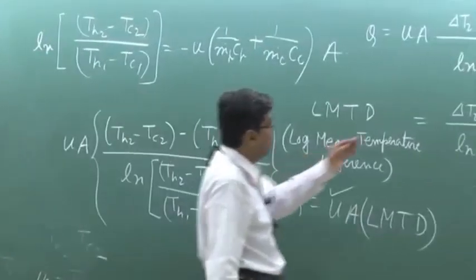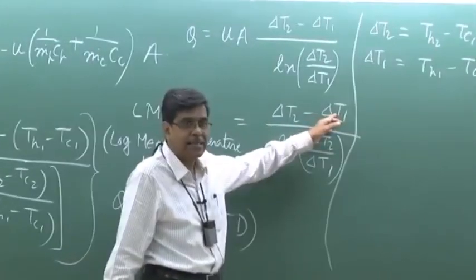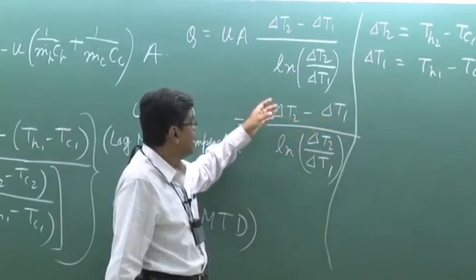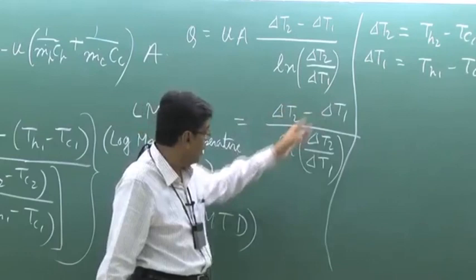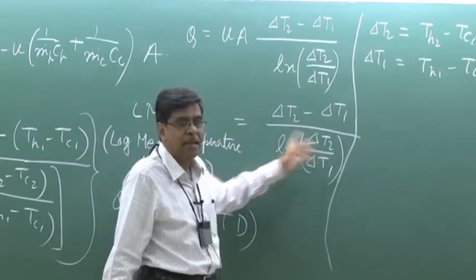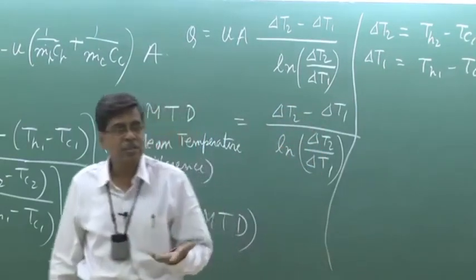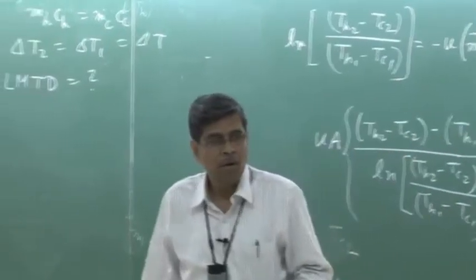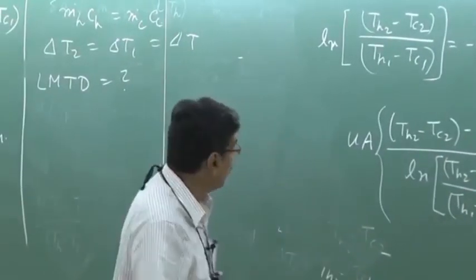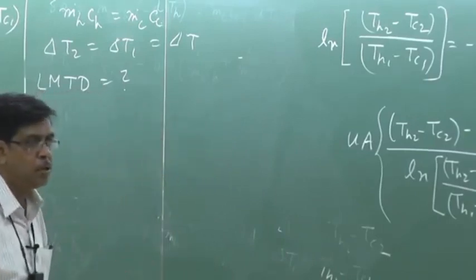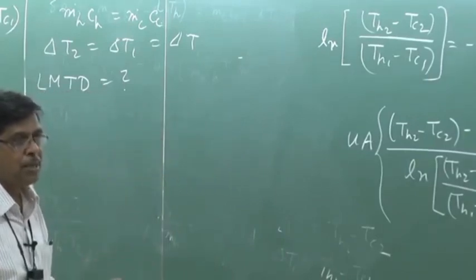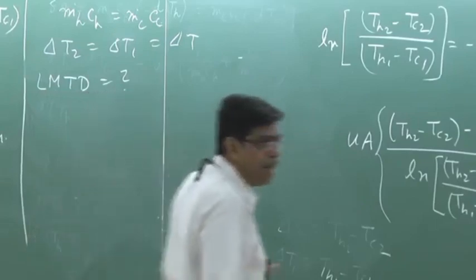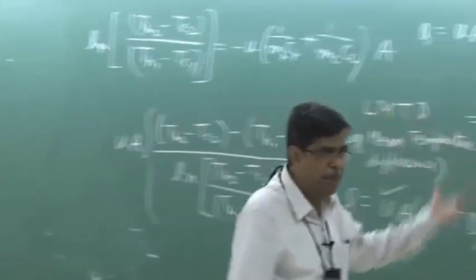We can take delta T2 by delta T1 as x. You can write delta T1 into x minus 1 divided by ln x. Limit as x tends to 1, you will see this becomes delta T. So we can do it in various ways. X minus 1 by ln x, L'Hospital's theorem is a mental problem.